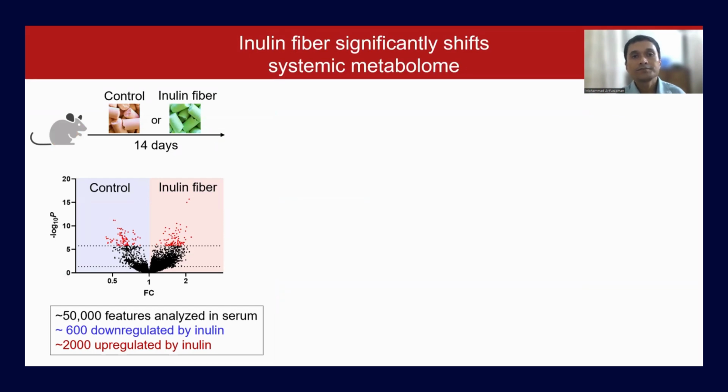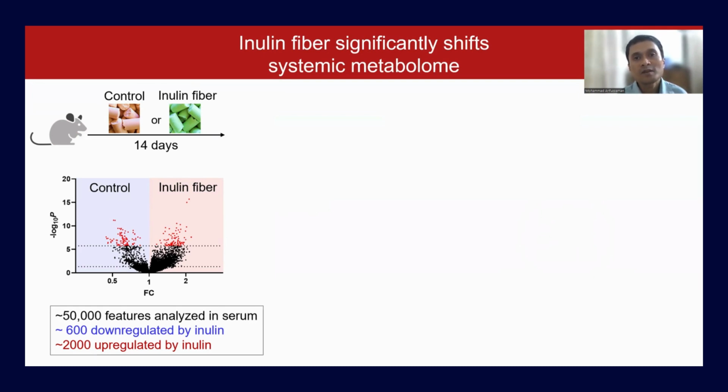To do that, we chose the inulin fiber, which is very common in fiber supplements, and we used this fiber in mice for 2 weeks, and we performed untargeted metabolomics by high-resolution mass spectrometry.